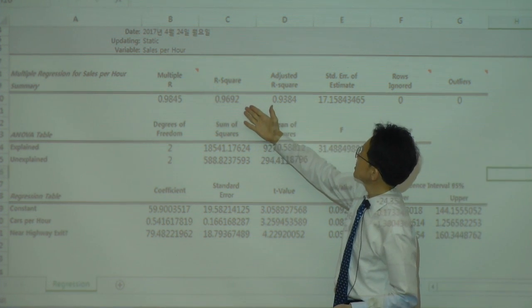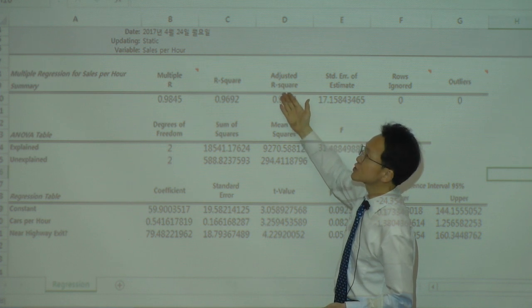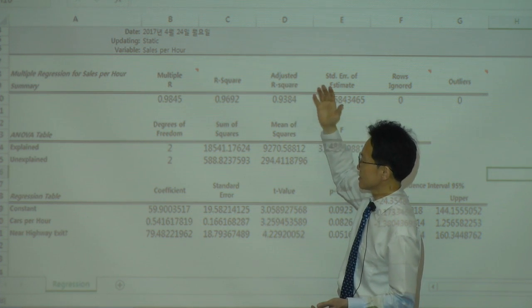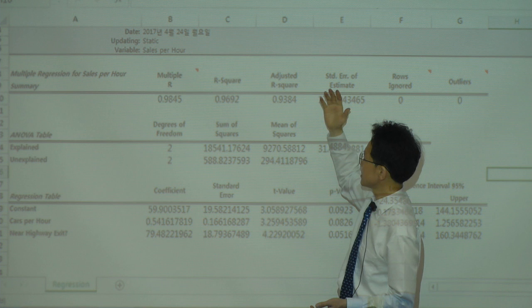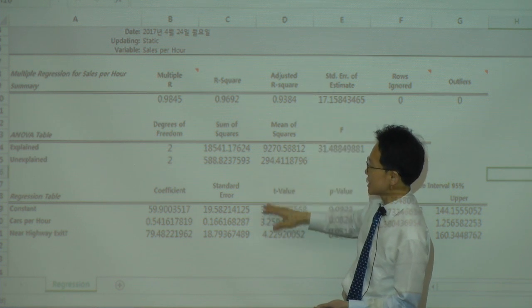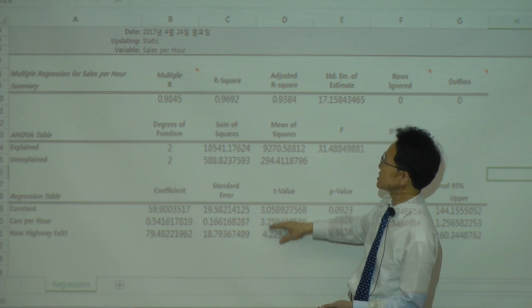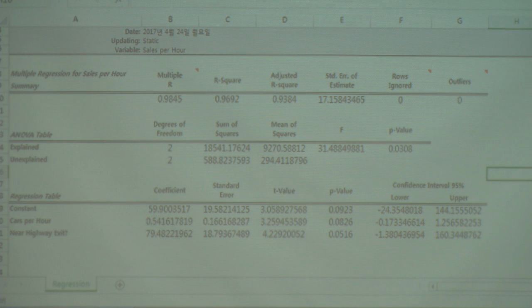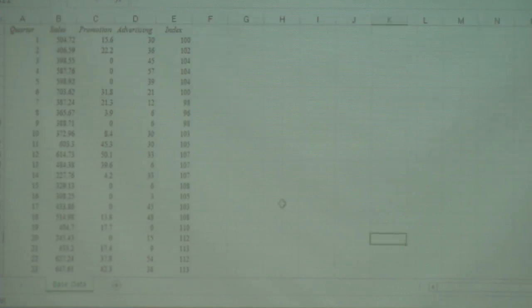R square increases, and I'm sure that the adjusted R square is improved as well. In this case, adding this near highway exit is a good choice.